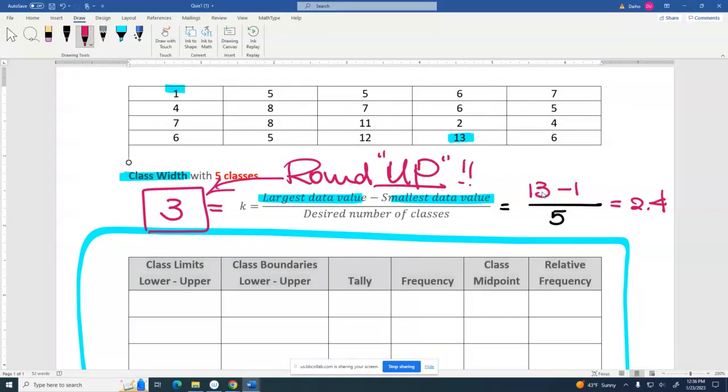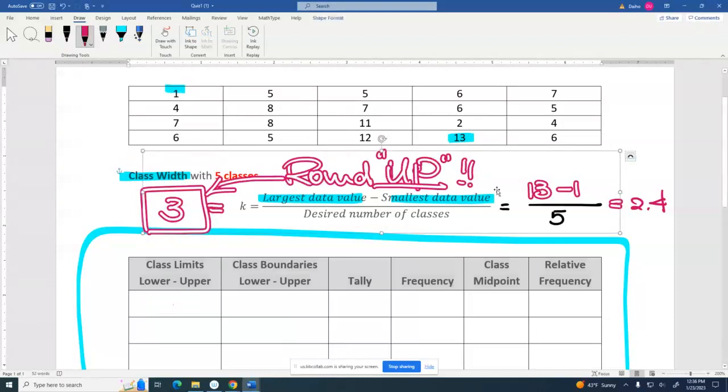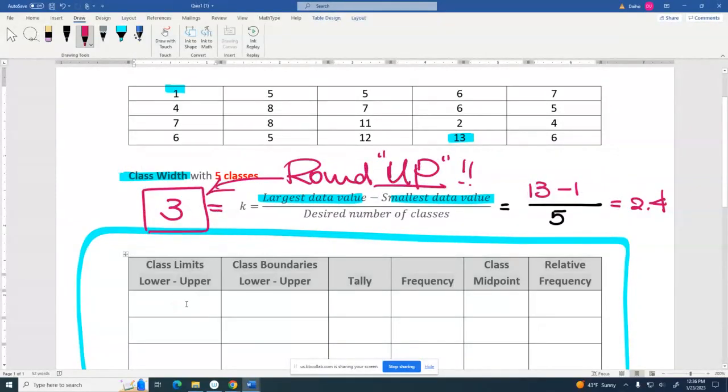So, 1, 2, 3. Next one will be 4, 5, and 6. Be careful, we have to count 4, 5, and 6.